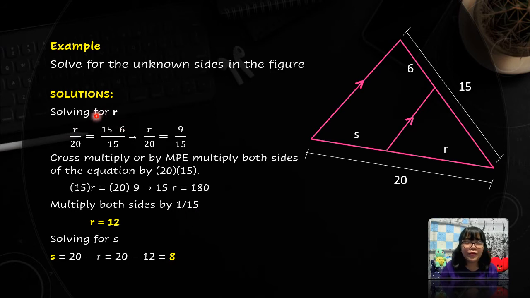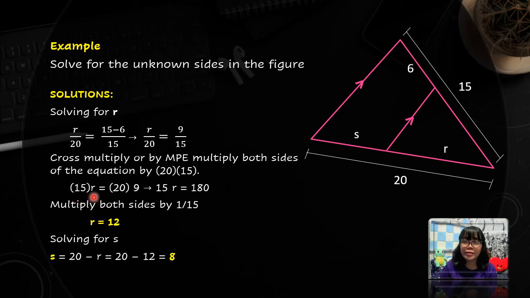Now, let us first simplify this one. 15 minus 6 is equal to 9. So our proportion now is R divided by 20 equals 9 divided by 15. Using again cross multiplication, R will be multiplied to 15, and 9 will be multiplied to 20.